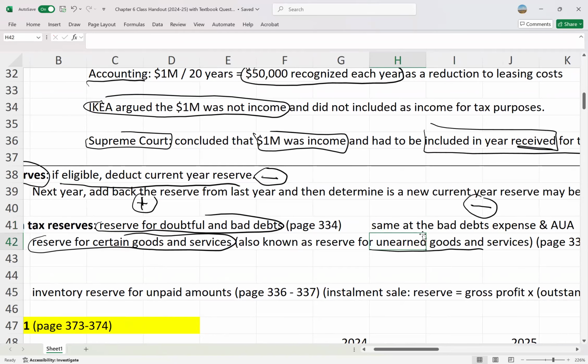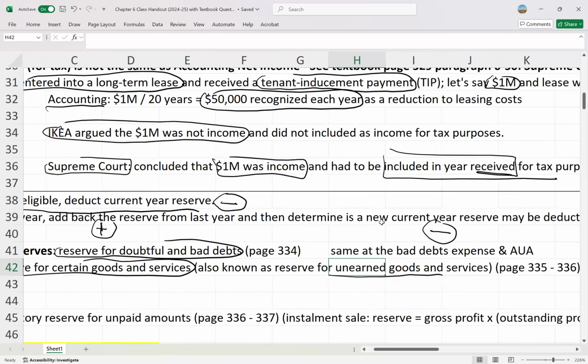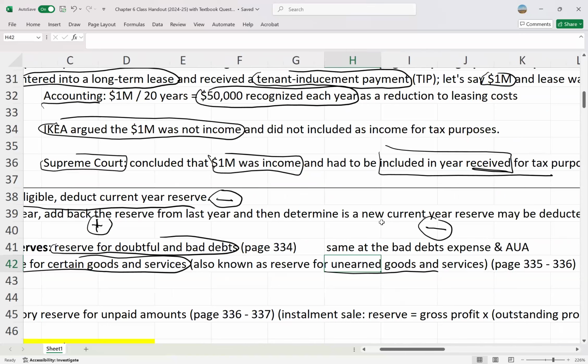Remember from your accounting classes, maybe BFIN 141, BFIN 193, when you have all these accounts receivable, some of them will not pay. So at the end of the year, when you're making your adjusting journal entries, you record a bad debts expense, which is an estimate of how much you think will not be collected. So the reserve for doubtful debts will be the same as the accounting bad debts expense and the allowance for uncollectible accounts. So no difference between the reserve and the accounting treatment.